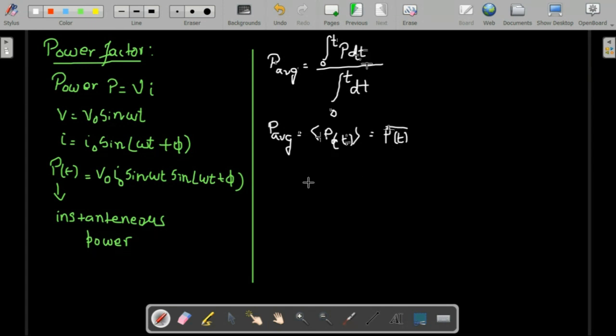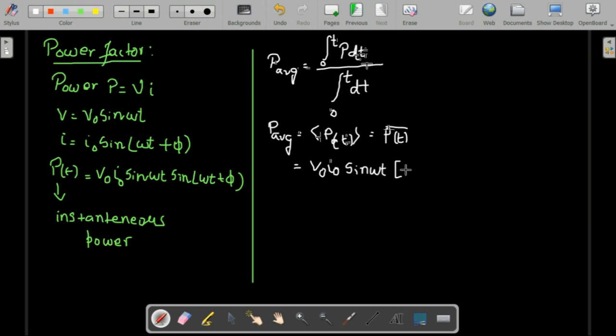So if we do that here, we know what is this, V naught I naught sine omega t plus phi. If you want to find out the average for this, we can write it down as, let's say, V naught I naught sine omega t, and here it is sine omega t plus phi.